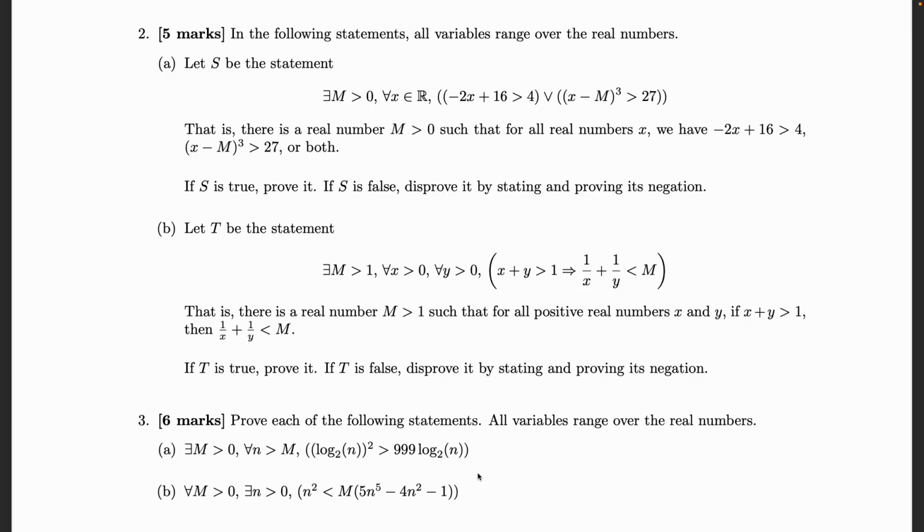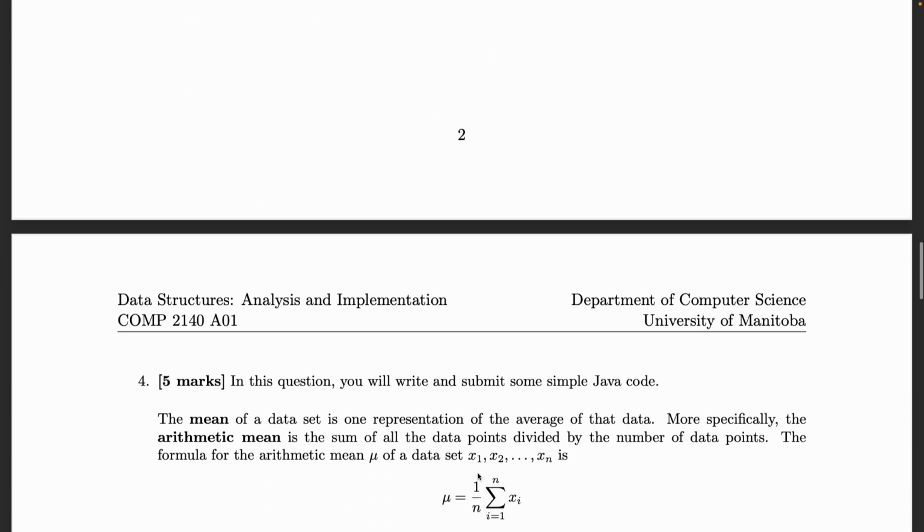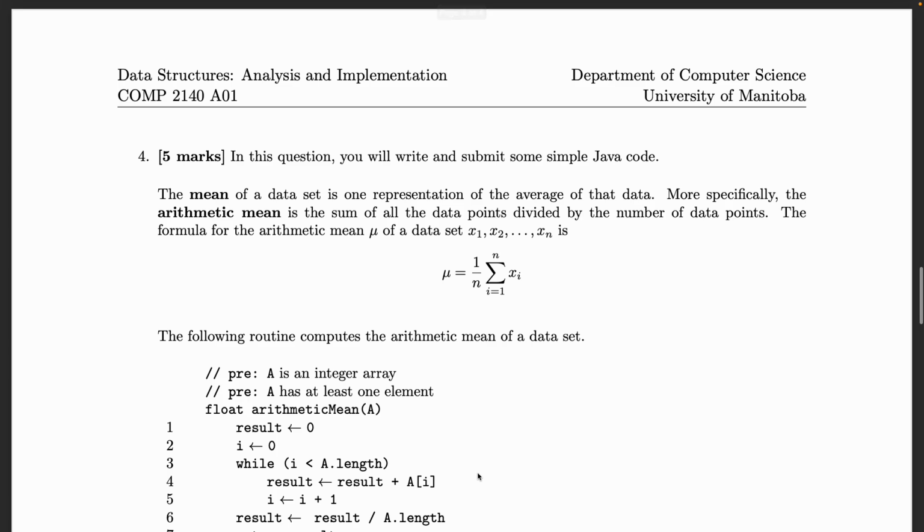These two, however, are definitely true, and they will better resemble what we've done in class. So it'll involve playing around with inequalities, guessing and checking values for m and n, that sort of thing. Then finally, some actual coding.